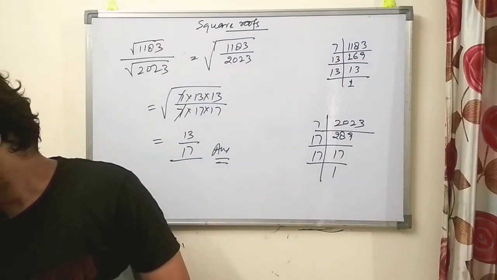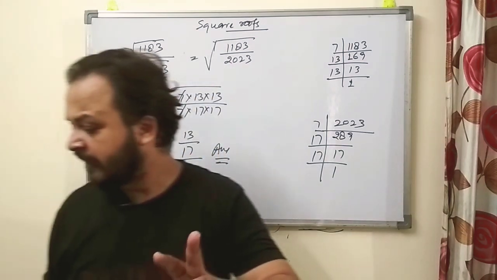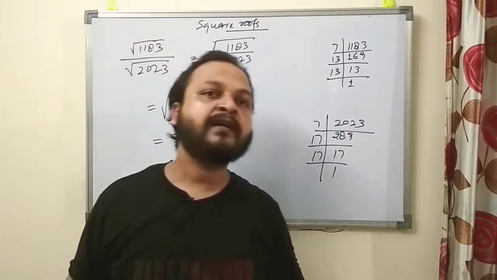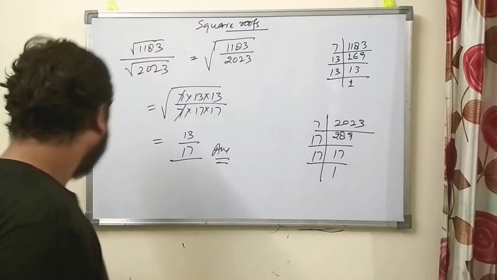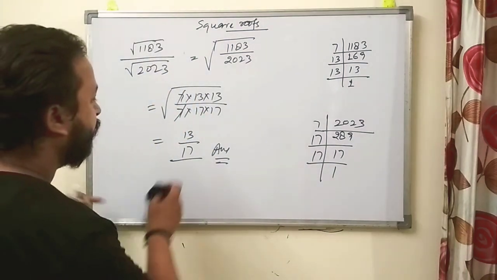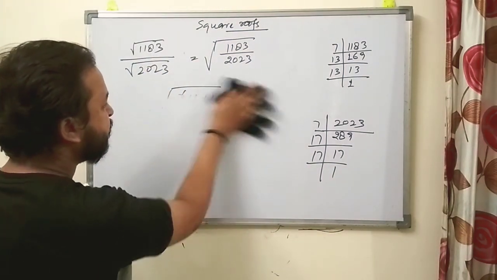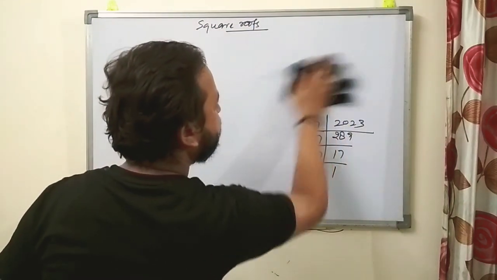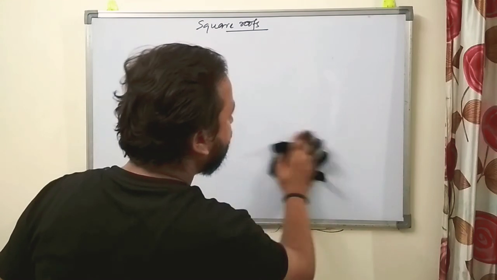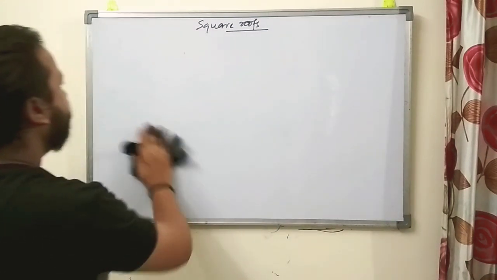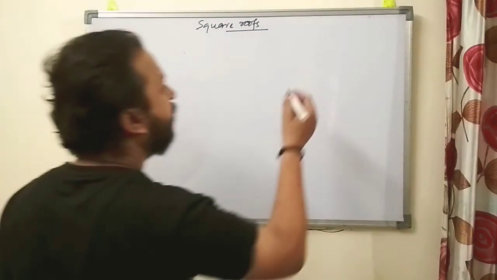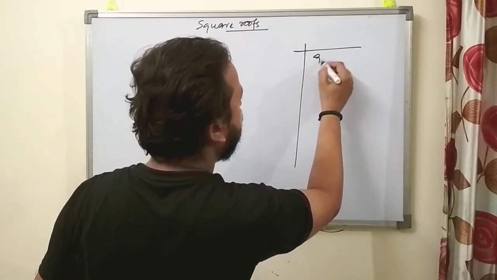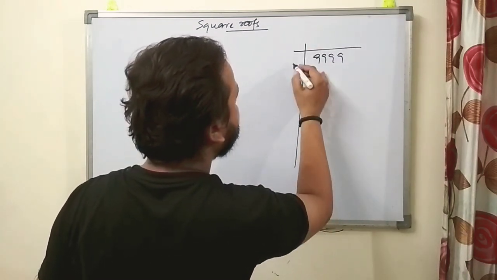So we'll just solve one question: find the greatest 4-digit number which is a perfect square. We all know the greatest 4-digit number is 9999, that is four 9s, and we are going to solve it by the long division method to find the square root of 9999.